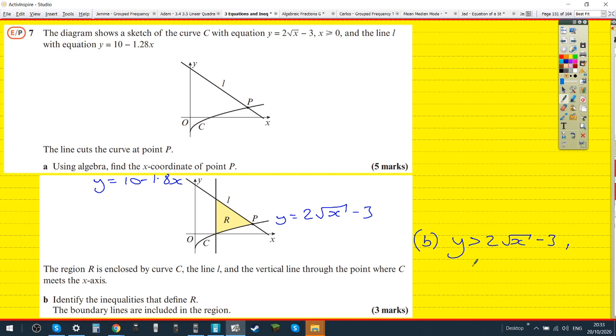Y is less than 10 minus 1.8x. Yeah. And then they don't tell us about this L. I think you would just call it x equals L or something. So it'd be x is greater than L, if that in fact is x equals L.